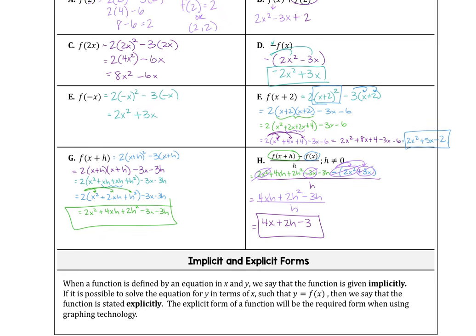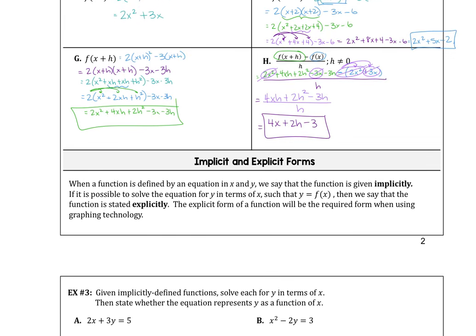but there it is. Okay, implicit and explicit. Implicit is just an equation with the letters on the same side of the equation. So if I had 5x squared minus 2y cubed equals 4, that is implicit. Okay?